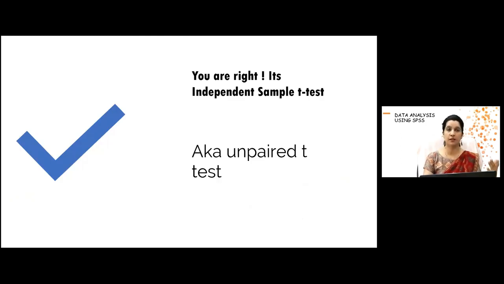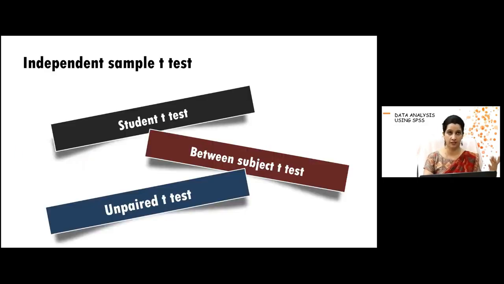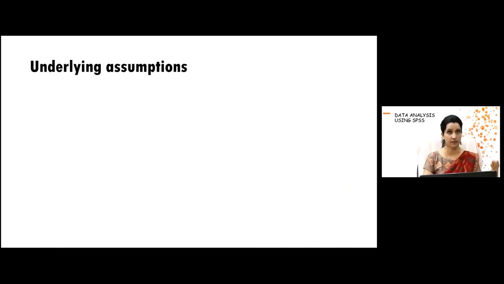So yes, you are right. The choice of test for such a research question is the independent sample t-test, also known as the unpaired t-test. Its alternative names are the student t-test, between-subject t-test, and unpaired t-test.